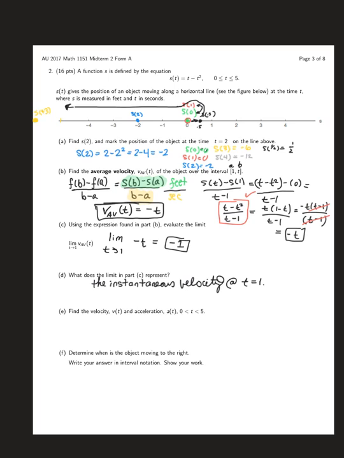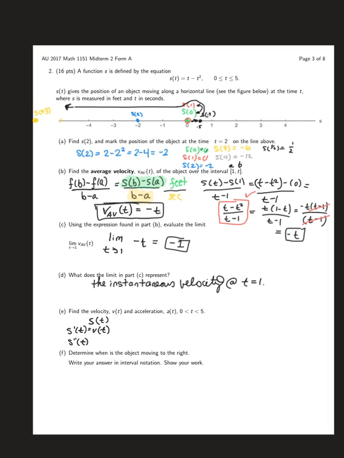Next question says to find the velocity, not the average velocity, but the velocity v of t and the acceleration a of t. So what we need to know is that we have our position function, s of t, and then we have s prime of t and s double prime of t.